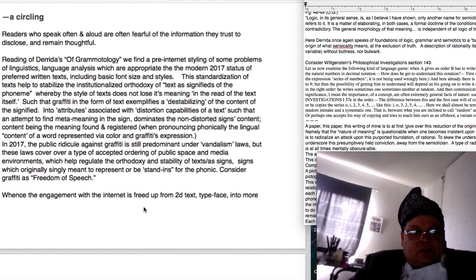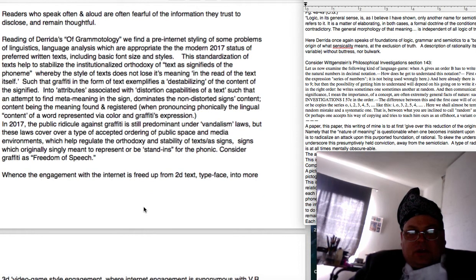The standardization of text helped to stabilize the institutionalized orthodoxy of text as signifieds of the phoneme, whereby the style of text does not lose its meaning in the read of the text itself, such that graffiti in the form of text exemplifies a destabilizing of the content of the signified into attributes associated with distortion capabilities of a text, such that an attempt to find meta-meaning in the sign dominates the non-distorted sign's content being the meaning found and registered when pronouncing phonically the lingual content of a word represented via color, the graffiti's expression.